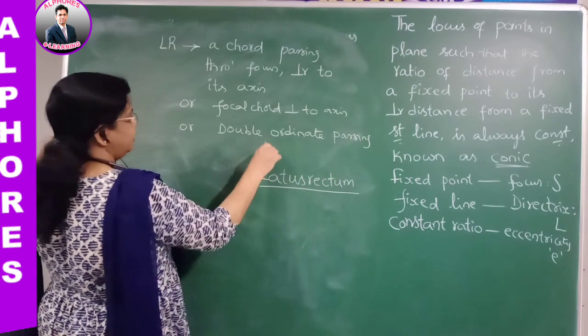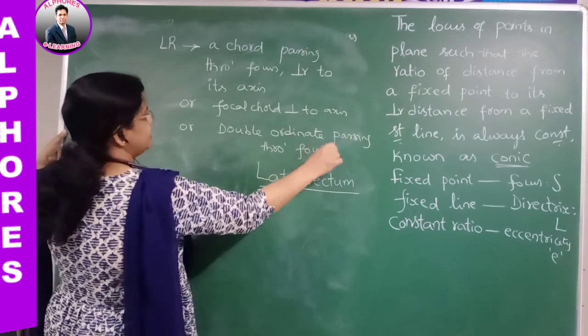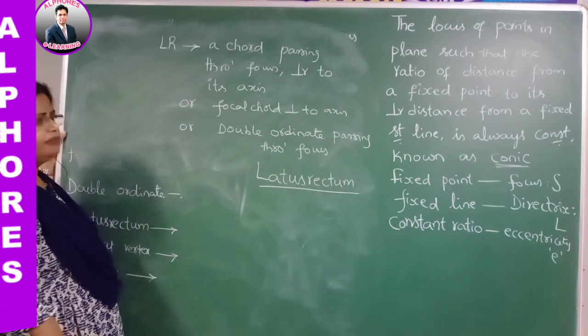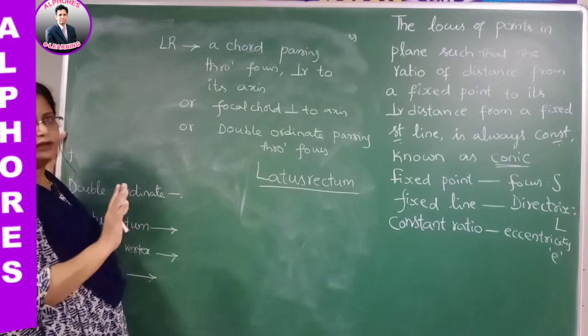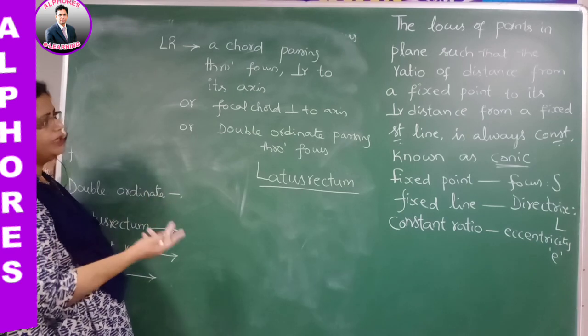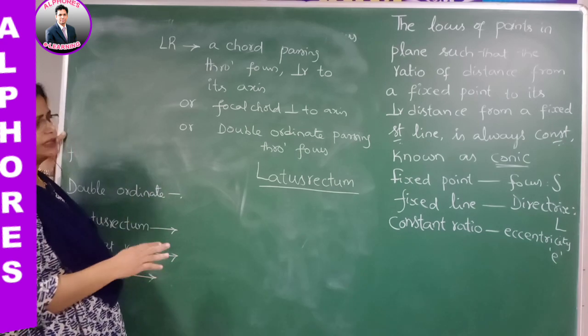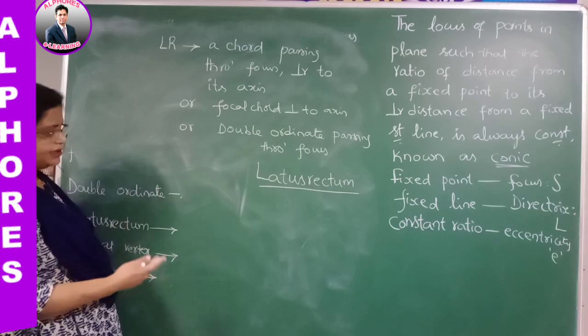In this way you can define the latus rectum. Very important, students. It is just like a chord, but with two specific qualities. One quality is that it passes through the focus. The other quality is that it is perpendicular to the axis, right?